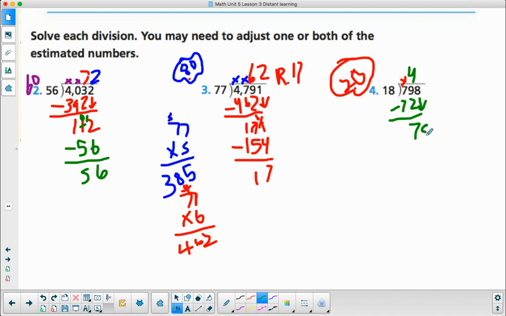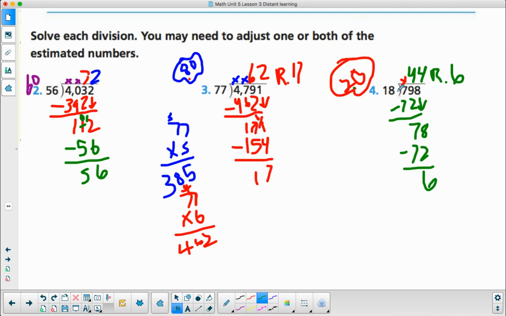Now, using my estimate again, the 2 would tell me there's 3, but right here I know 4 18s is 72. I know I can get 4 more, so I'm going to adjust it right away. 4 18s are 72. Subtract and I get 6. Use the multiplication you've done earlier to help you with that to make your adjusted estimate. So that one ends up having a remainder of 6.